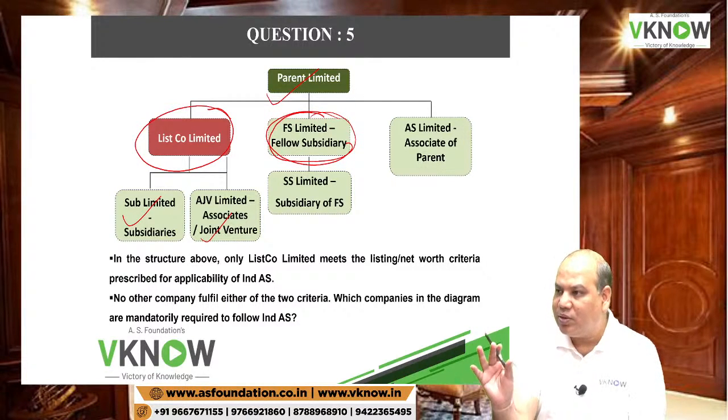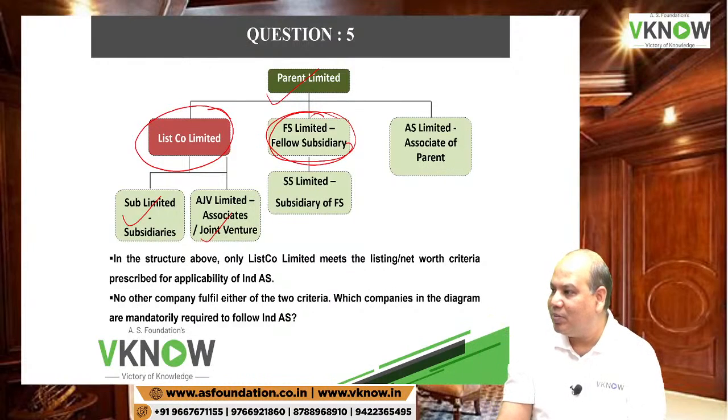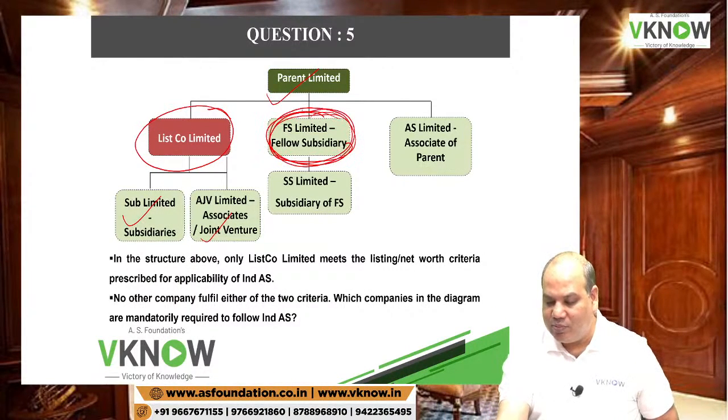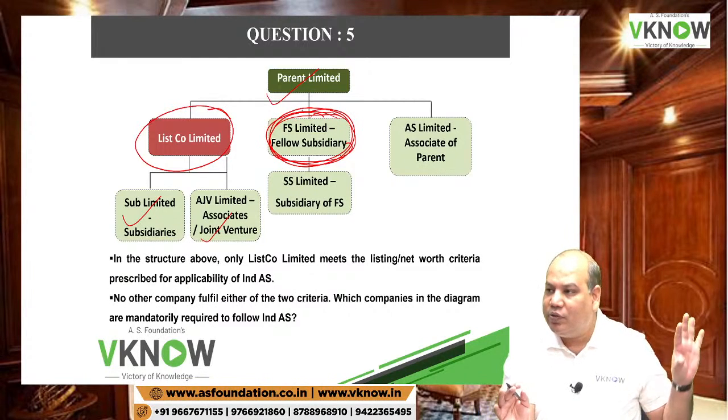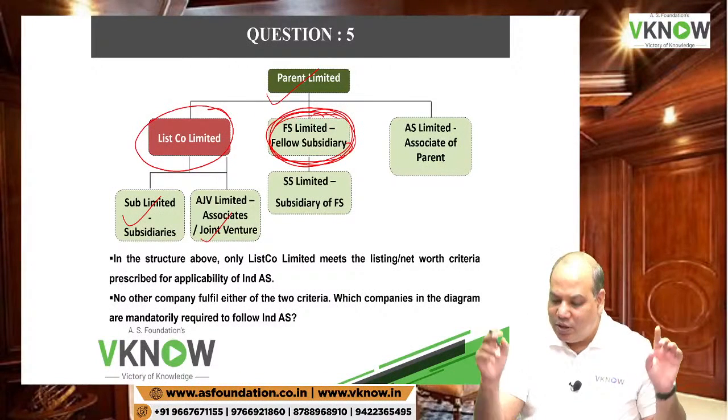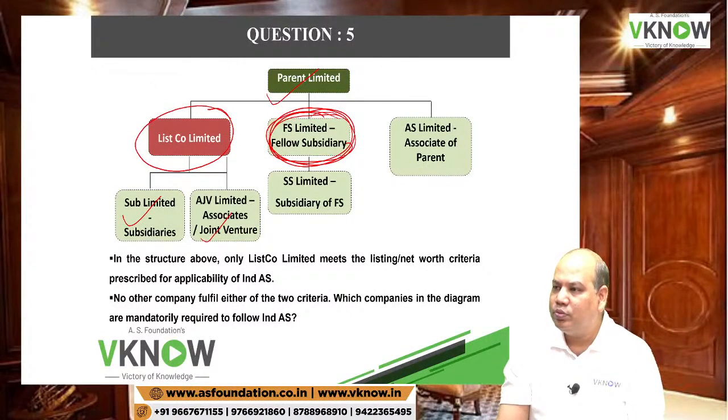It will say list company is neither my parent, nor my subsidiary, nor am I an associate, nor a joint venture of list company. So FS Limited, the company in the center which I am circling right now, is neither parent, nor subsidiary, nor associate, nor joint venture. Will it apply? No. The only connection is that they have a common parent.